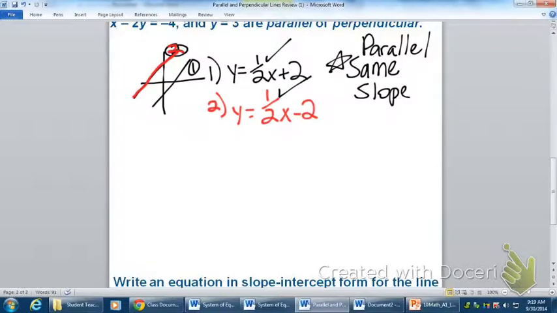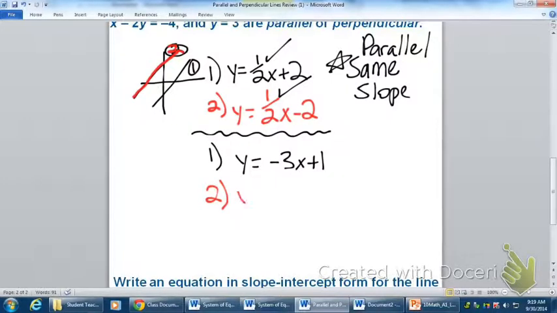So let's say if we had another equation, like if our first equation was y equals negative 3x plus 1. And our second equation was y equals negative 3x plus 30. Would these lines be parallel?